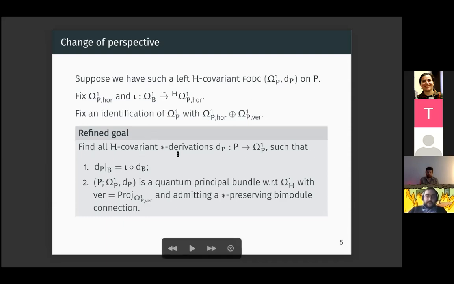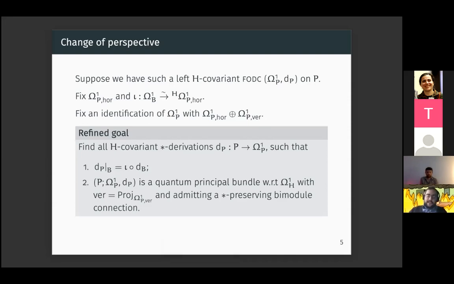What I want to do is find all derivations from P to one forms that are lifts of the derivative on the base, that give you a quantum principal bundle that has the right contraction by fundamental vector fields, and that admits a suitable connection.